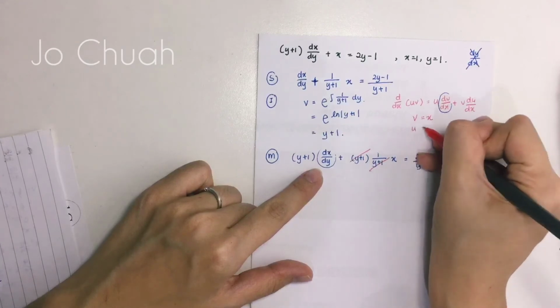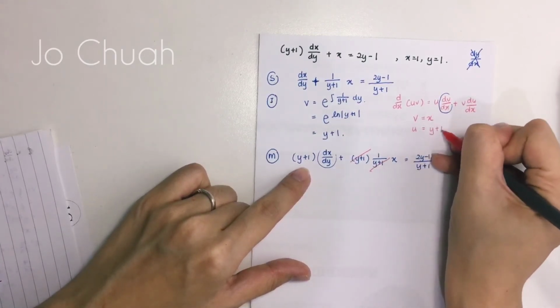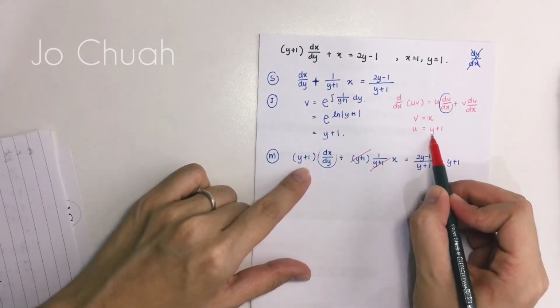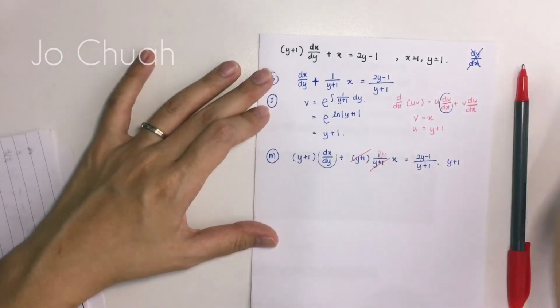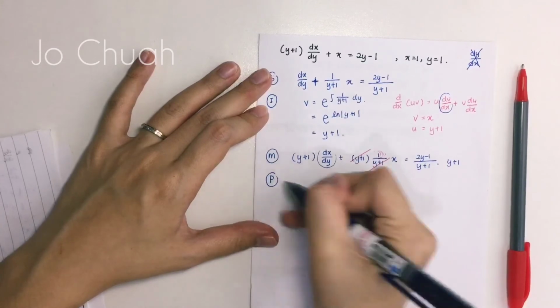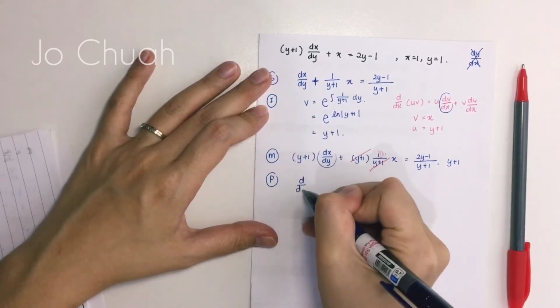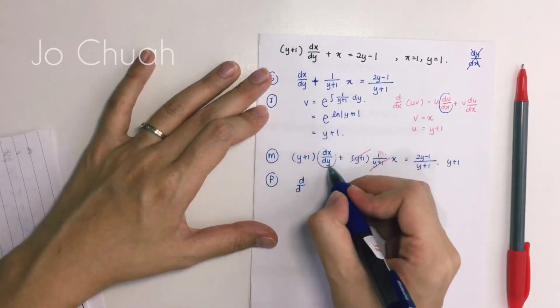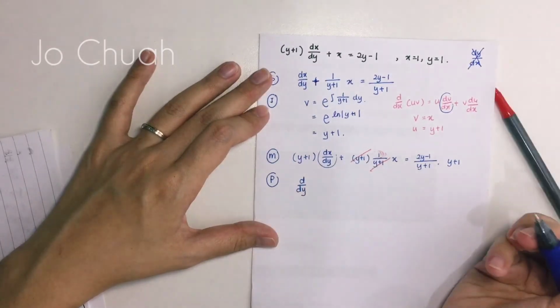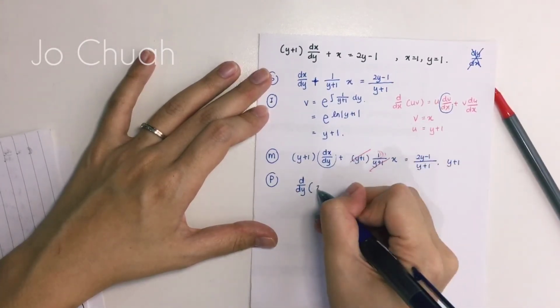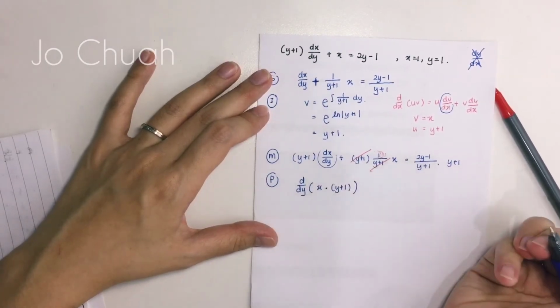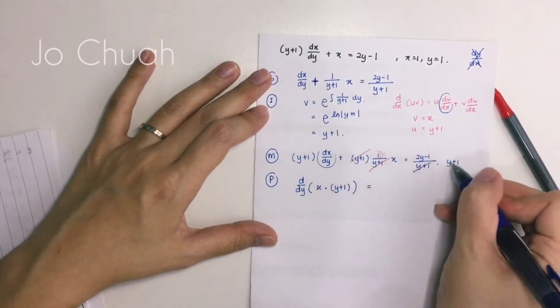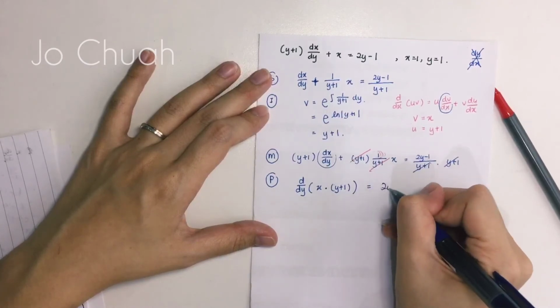So your u is going to be y plus 1. When you differentiate it, you're going to get 1, which is here. Right? So your uv, you have it already. Product rule, d over d, it's not dx anymore because we're talking about dy here. You're going to have x times y plus 1 equals 2y minus 1.